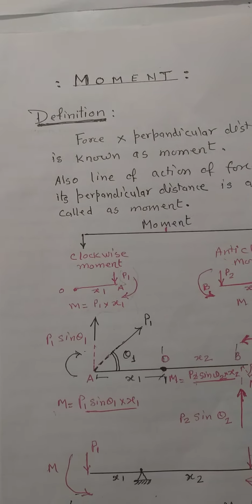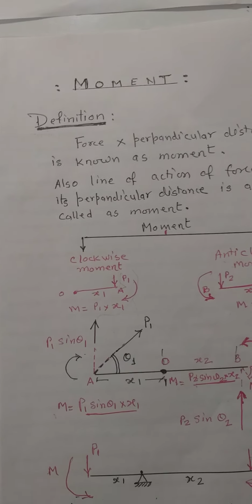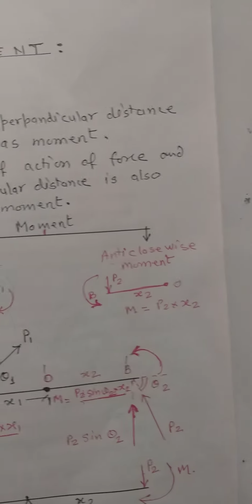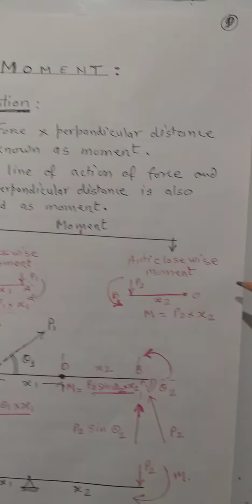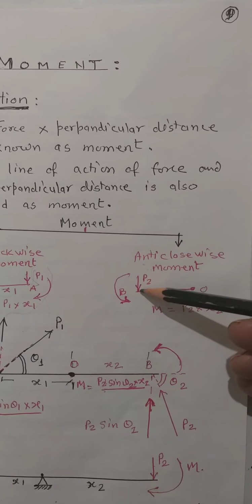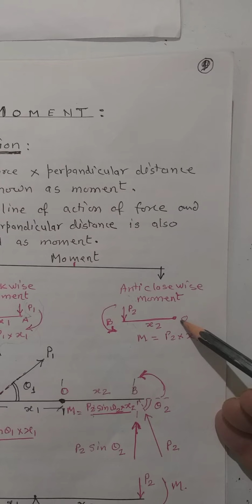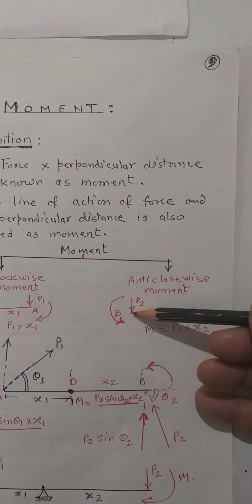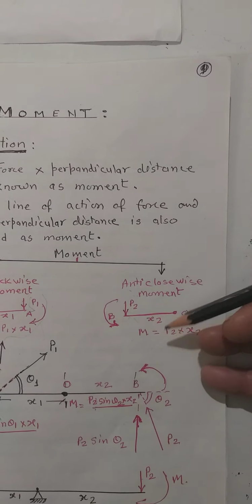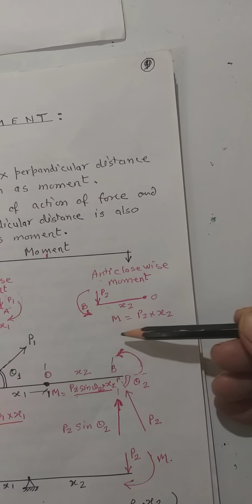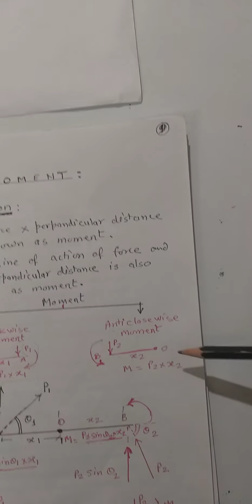And when we talk of the clockwise direction moment, we call this positive. Similarly, suppose this force is P2, acting at a distance of x2, and it tries to tilt the body in this direction, so P2 into x2 gives a moment acting in this direction.